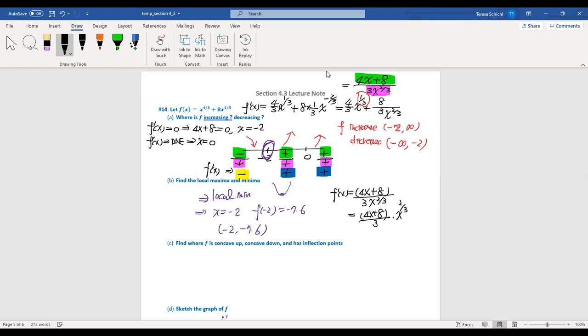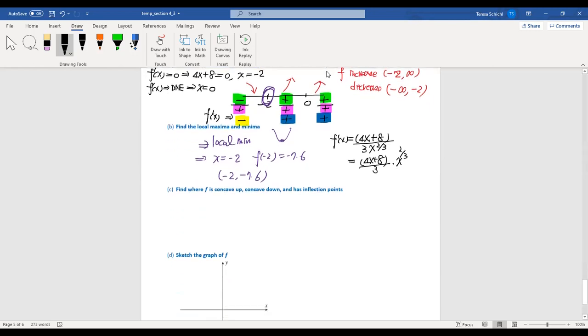Okay, so I assume so far you should be able to do the second derivative here. So let's take a look. The second derivative here will be 4x minus 16 over 9x to the 5/3 here.